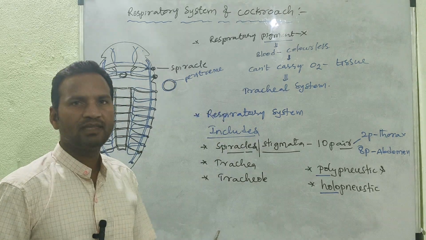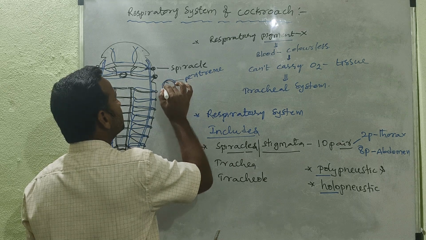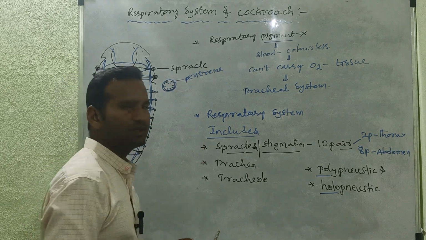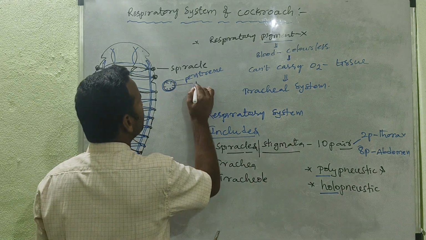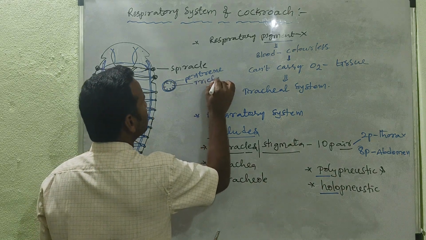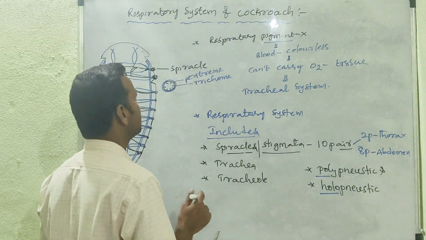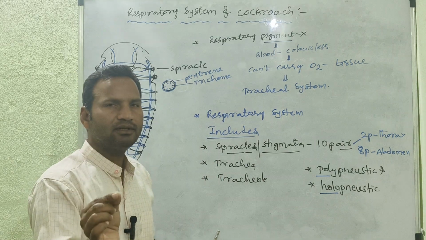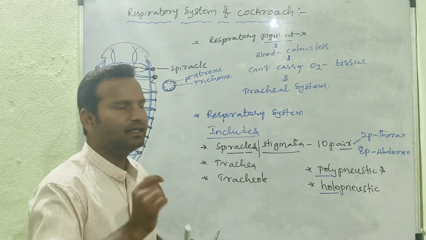The next one is, inside the spiracle, which possesses small hair-like structures, called trichomes. Trichome, that's it. The next one is, the spiracle usually opens into a small chamber called the atrium.